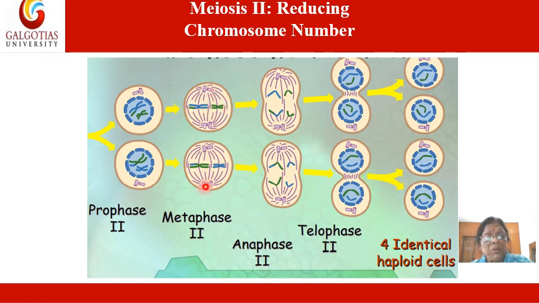This is known as metaphase 2, and during anaphase 2, the chromatids separate and start moving towards the poles. Now each cell has 1n number of chromosomes. This cell will form one cell, and this another, and each has 1n number of chromosomes.